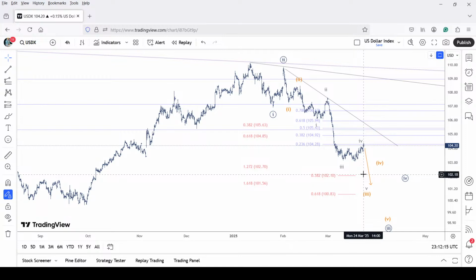All right. So what we are now seeing is wave 4 in the making, and before wave 5 resumes lower, I mean, sorry, before minute wave 3 completes, we still have one more wave lower.